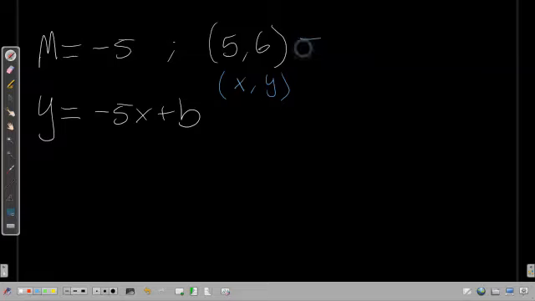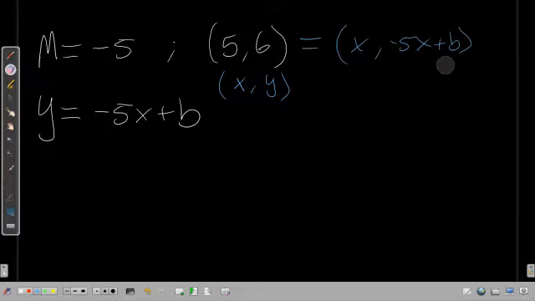This point, since it's on the line, has to satisfy the rule that y is -5x plus b.